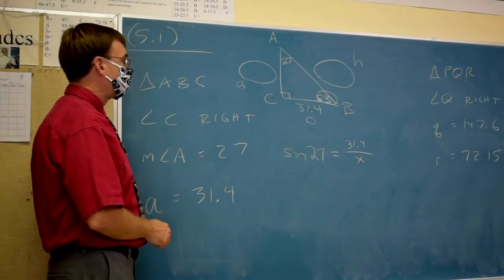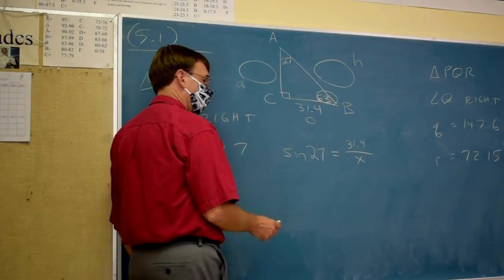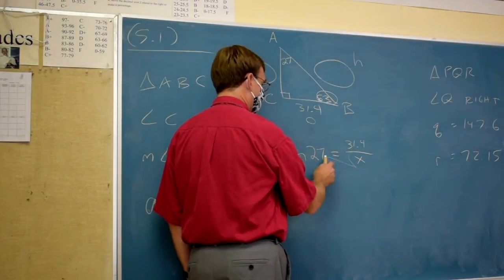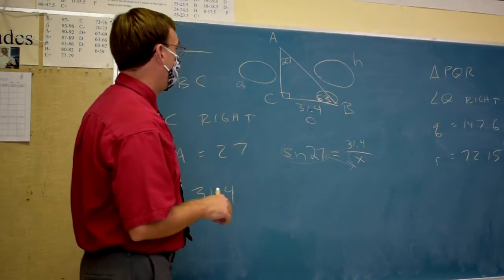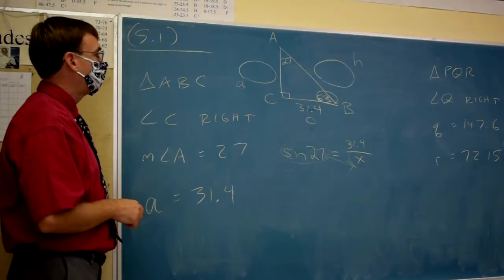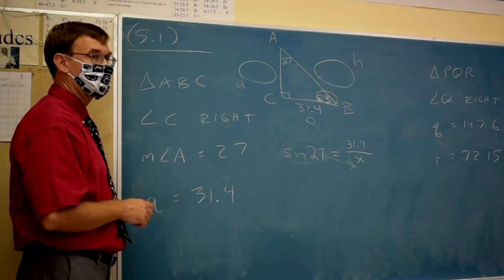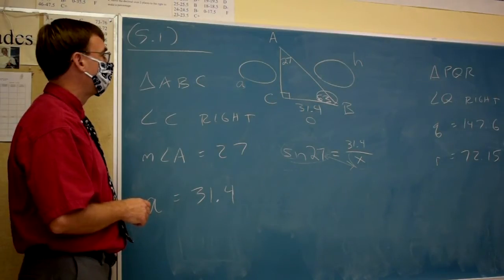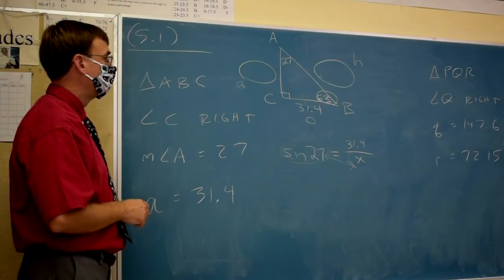Solving for x, switch sine 27 and x. These guys just can switch spaces. Punch, punch, punch, punch. I'm going to say it's something probably in the 60s. 69.16.